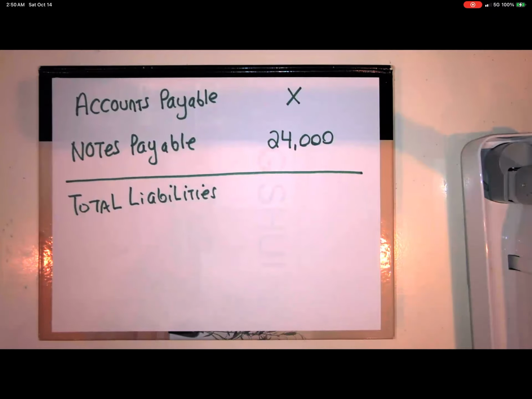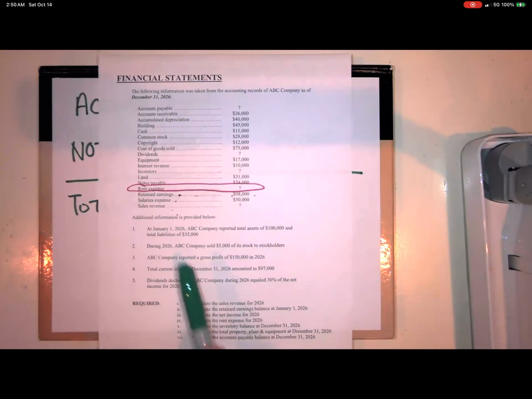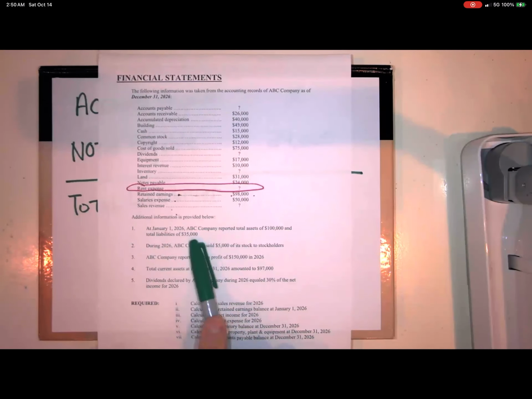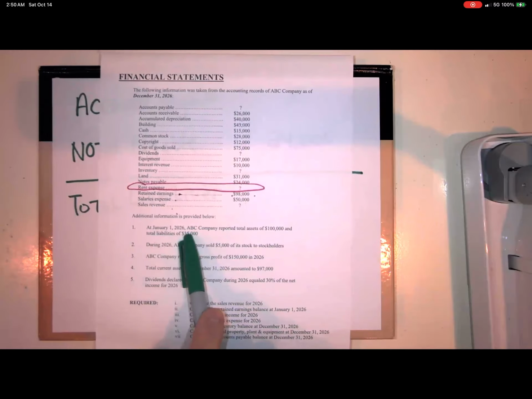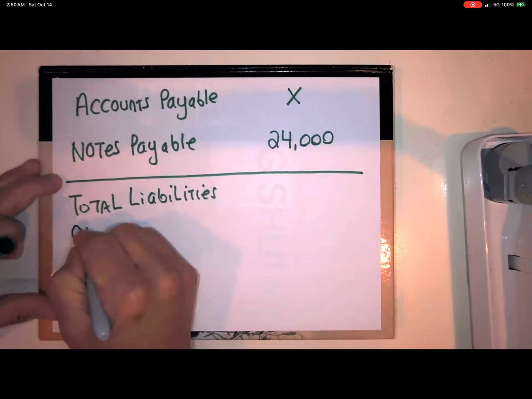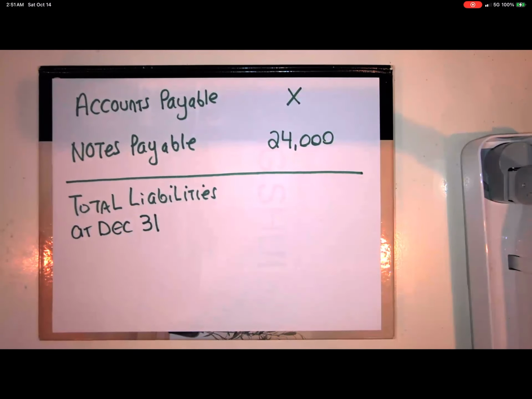I like it. You know what I'm glad you didn't say? I am glad that he did not tell me, oh, look, in additional information number 1, it says the total liabilities are 35,000. Because those 35,000 are as of January 1st, and here we need our liabilities at December 31st.